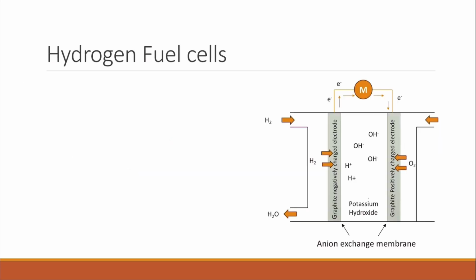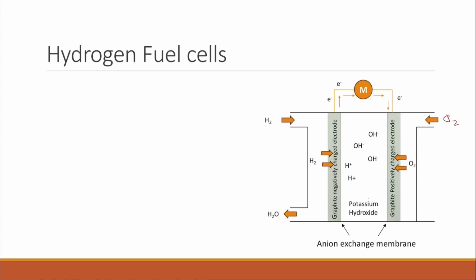And then finally, the hydrogen fuel cell. The hydrogen fuel cell will use hydrogen and oxygen to give water and generate electricity. In this case, the hydrogen is going to be fed into the anode and the oxygen into the cathode. So the hydrogen at the anode is going to be oxidized, and you need to know the half equations.